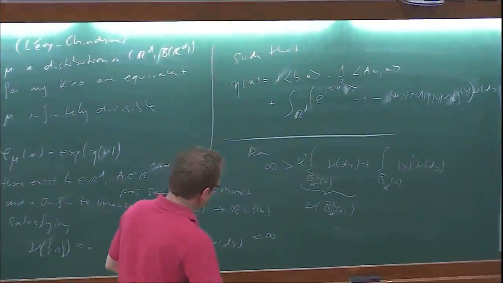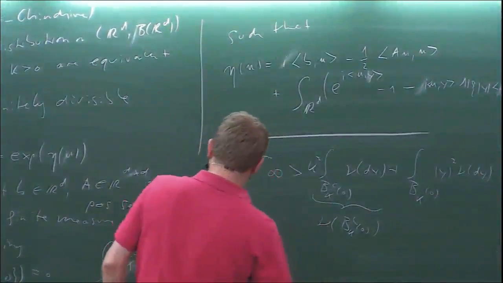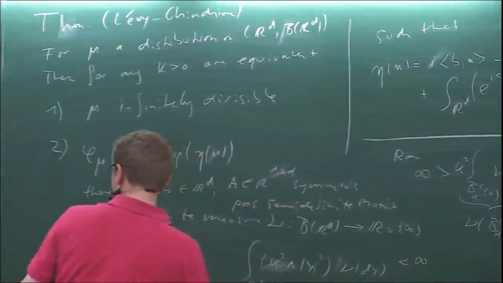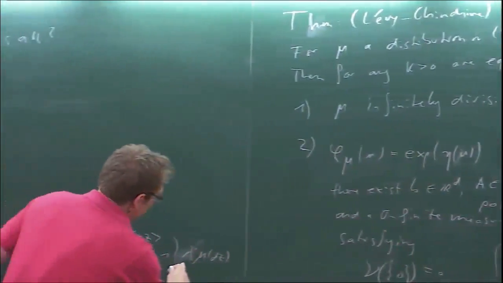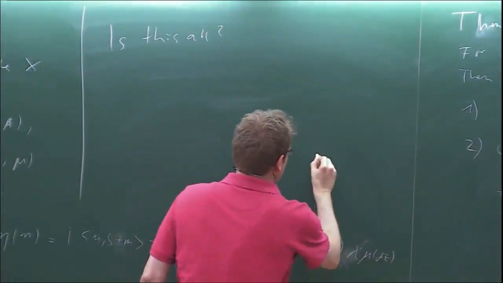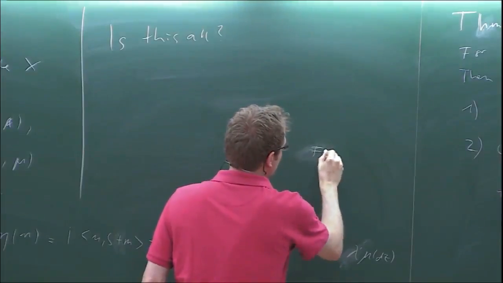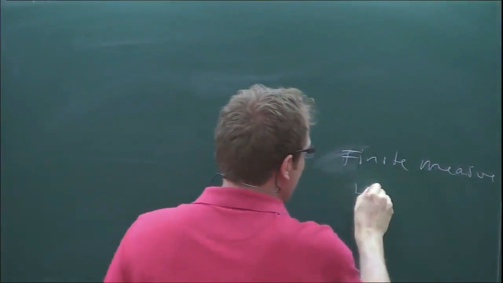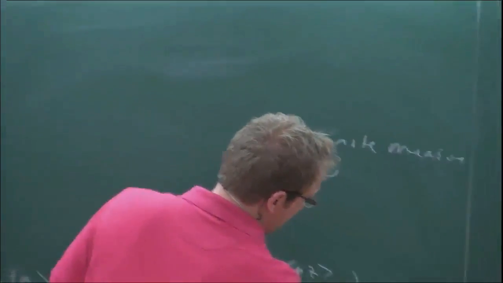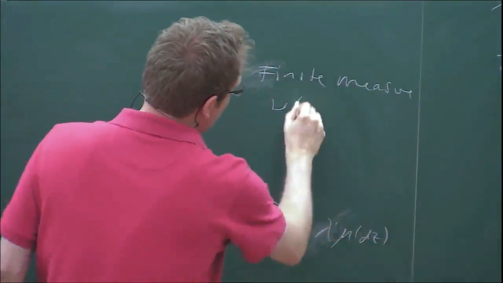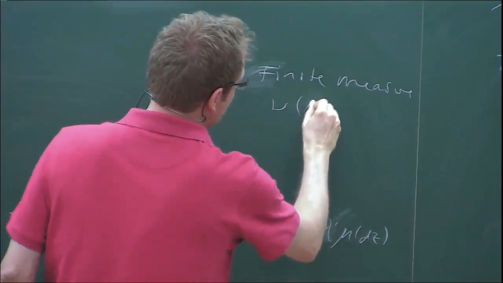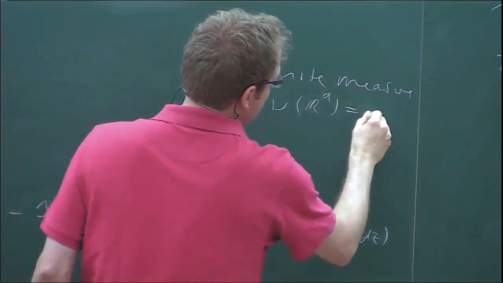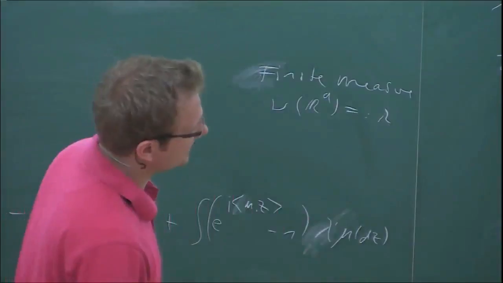So this means, if we have a finite measure nu, then this is nothing but the lambda. This means the intensity.